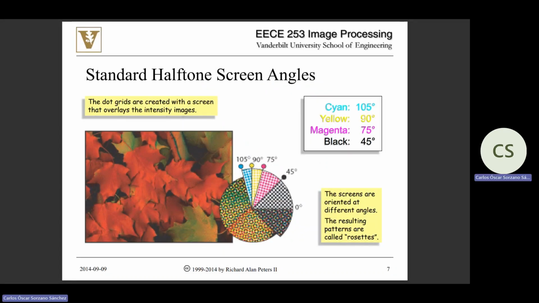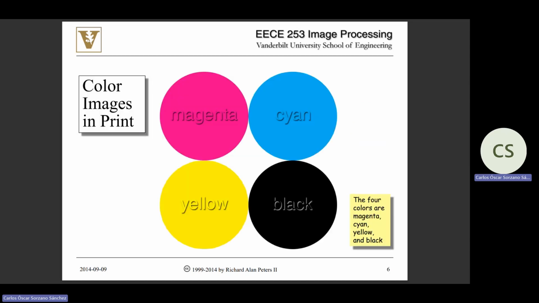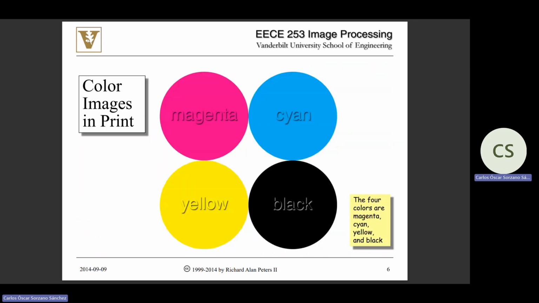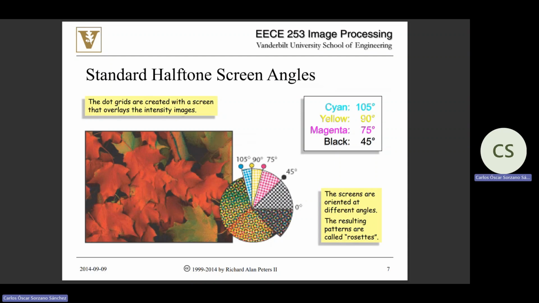Okay, then these patterns, cyan, yellow, magenta, are also printed following this idea of having arrays that are intermixed. So it is the same idea as we had with the LCD, but now implemented with ink. Now because you have four channels, you have 4 arrays.